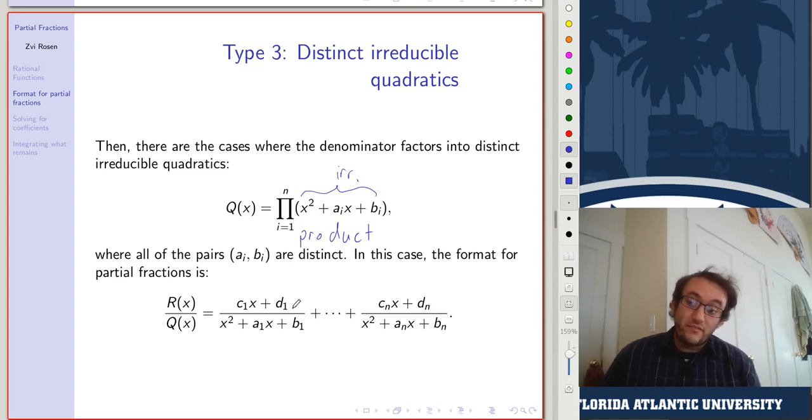In this case, the format for partial fractions is r of x over q of x equals c1x plus d1. So this is new. We get a linear term. Okay, it's not just a constant. We have a linear term here, as well as a constant term, divided by x squared plus a1x plus b1, plus up to cnx plus dn over x squared plus anx plus bn. So you get a single fraction for each factor of this polynomial.